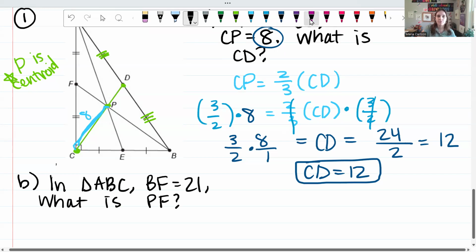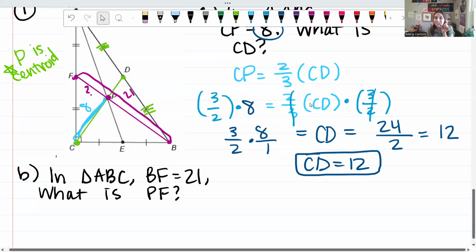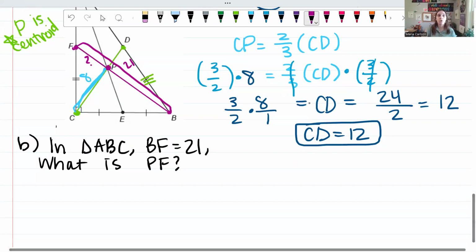So BF, from B to F, this entire distance is 21. And we want to find just from P to F, the little piece of the entire whole.